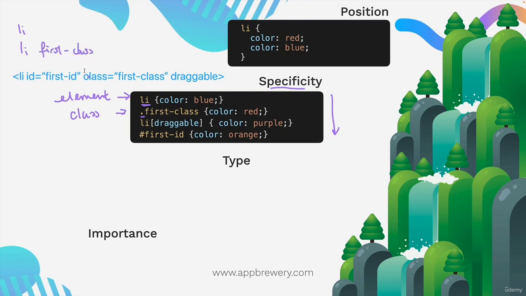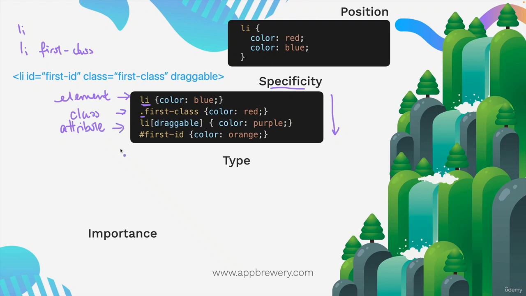And because we can have multiple different elements with the same class, for this reason, it is more specific than element, but it's also not the most specific way of selecting an element. The next one is selecting on attribute.